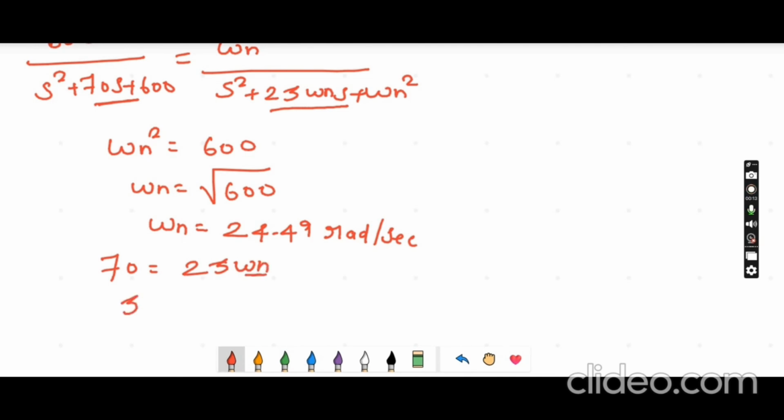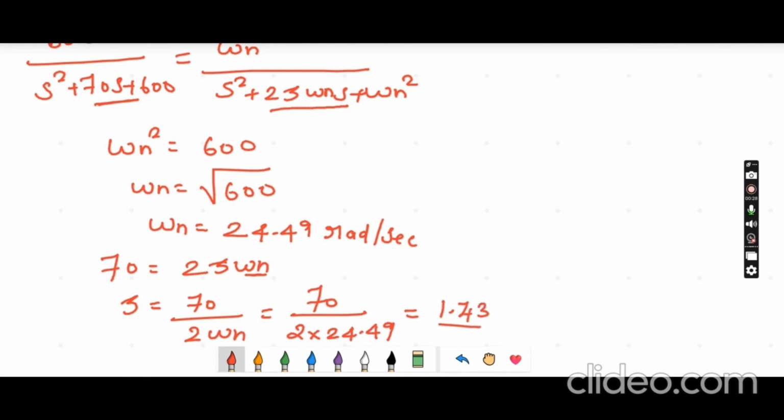If we substitute that, zeta will be 70 divided by 2 times 24.49. So the zeta value is 1.43. That is the value of the damping ratio zeta. So we have obtained the damping ratio zeta and undamped natural frequency omega n for the given C of t for the second order system.